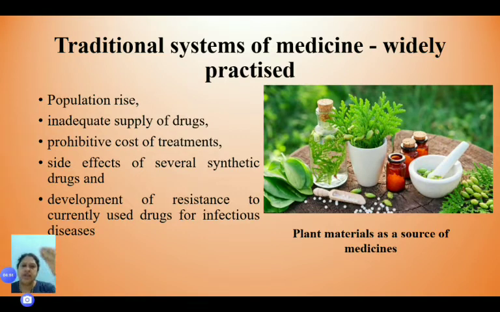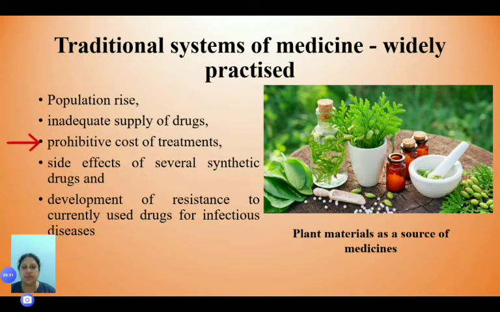The system was practiced because of some reasons like population rise. There was a sudden population rise, because of which people wanted to prepare medicines. Then inadequate supply of drugs. There were not enough drugs because of the population increase.